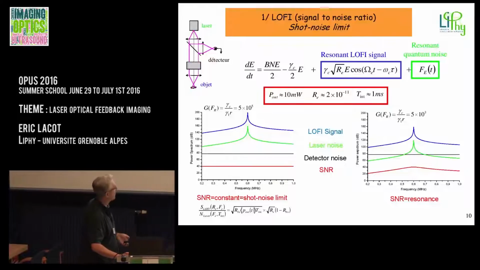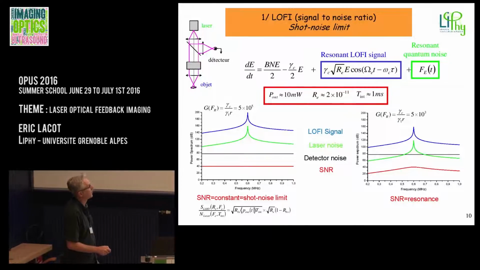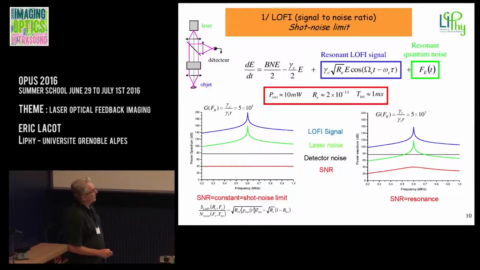If you use a laser with a smaller LOFI gain, for example 10 to 3, now the signal exhibits the same resonance at the relaxation frequency. The noise also exhibits a resonance at the relaxation frequency. But as you can see here, the laser quantum noise is above the detector noise only near the relaxation frequency. And under this condition, the signal-to-noise ratio here is the ratio between the blue curve and the green curve.